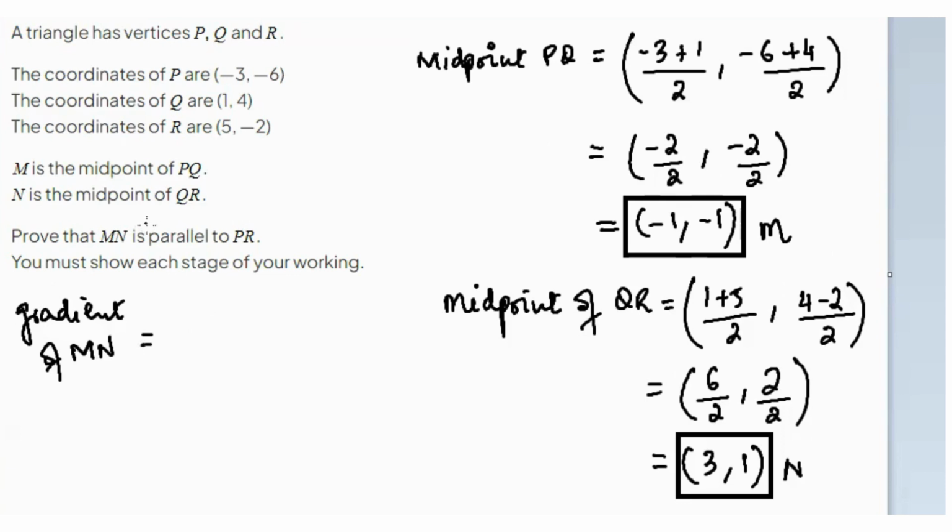That's going to be y2 minus y1 over x2 minus x1. Negative 1 minus 1 over negative 1 minus 3. So that's negative 2 over negative 4, and that's going to equal 1 over 2.